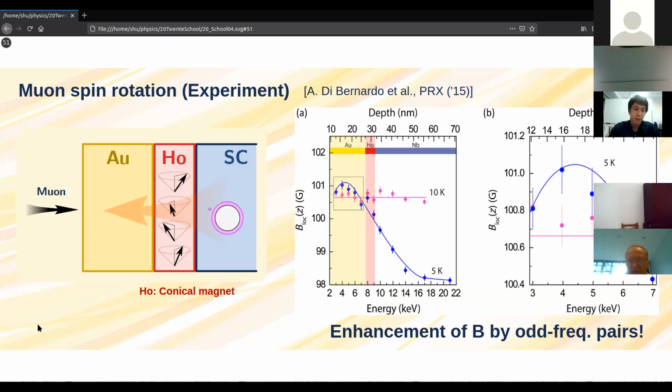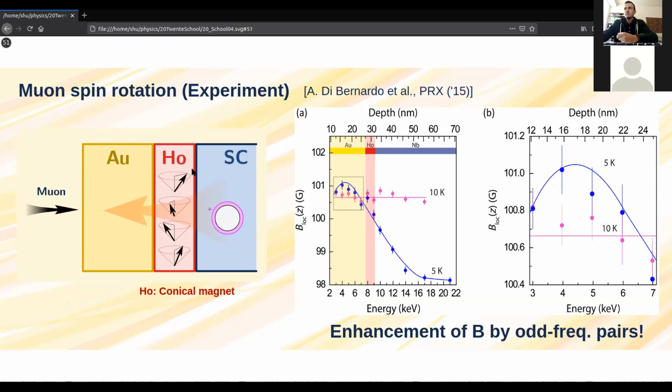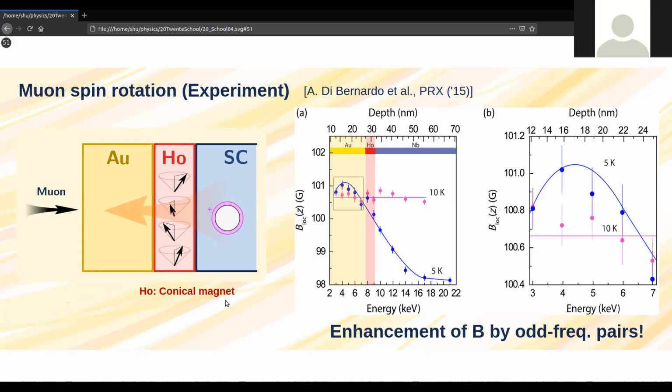This is an experimental work by Bernardo. They made a junction shown here, where they use holmium instead of the ferromagnet. Holmium is a conical magnet where the magnetization has this kind of spiral structure.